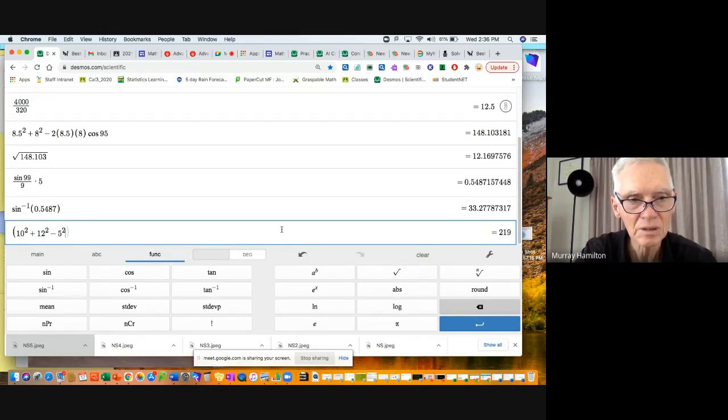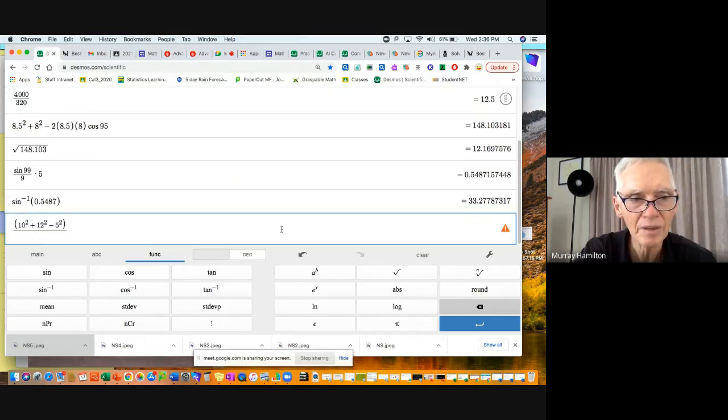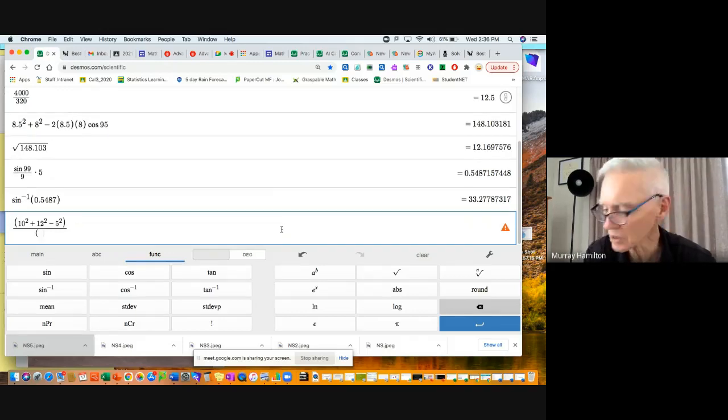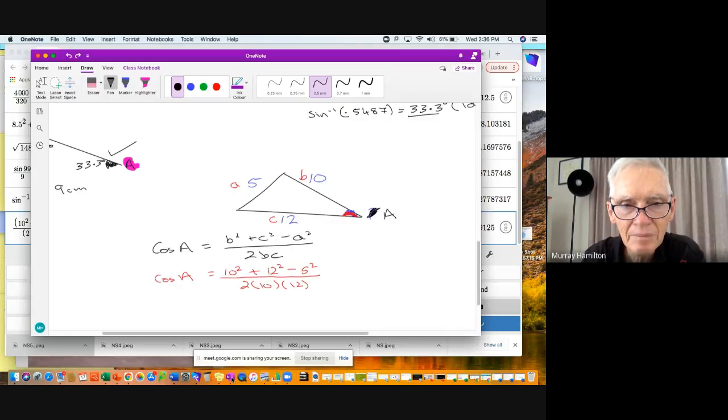Now, when I divide it, I have to divide the whole lot. This one actually automatically puts brackets in, but if you're doing it on your calculator at home, it won't. That gives me 0.9125. So everything here in the brackets gives me 0.9125. That's what the cosine of A is.